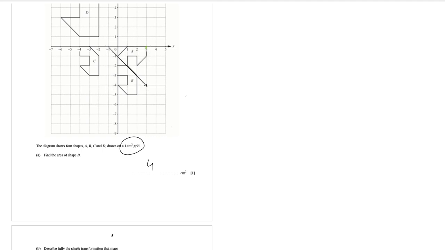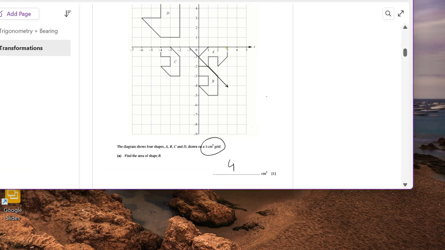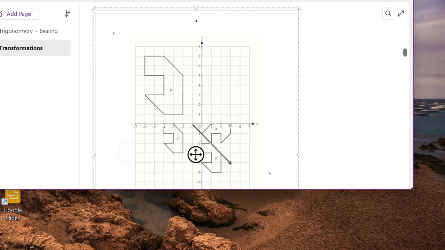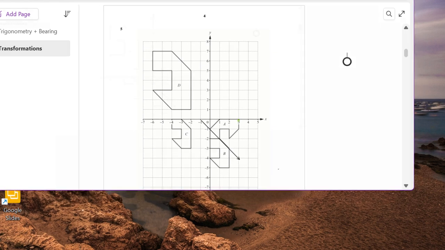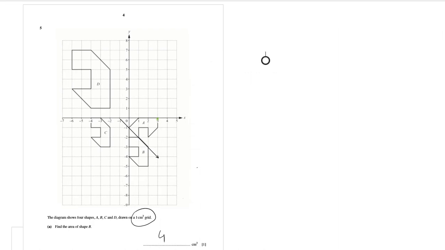Perfect. Okay, so my area of consideration is this one, where the two corners are meeting.